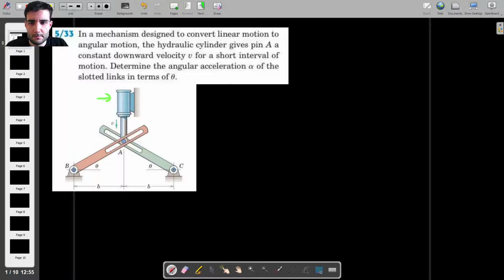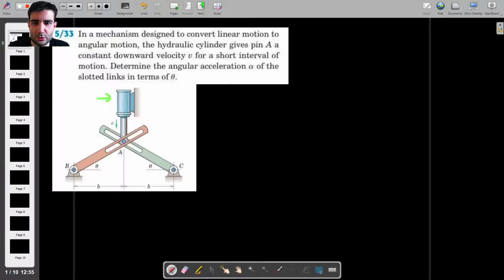Because the cylinder is pushing a pin A in a linear fashion, so it's pushing pin A straight downwards, and then the pin is slotted into some links, and it gives those links a circular motion, right? It imparts a circular motion to the links which are hinged at B and C.